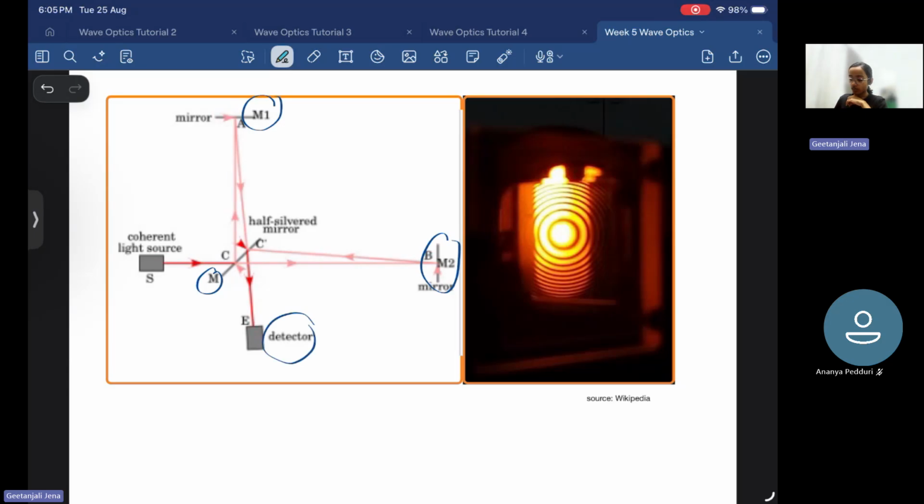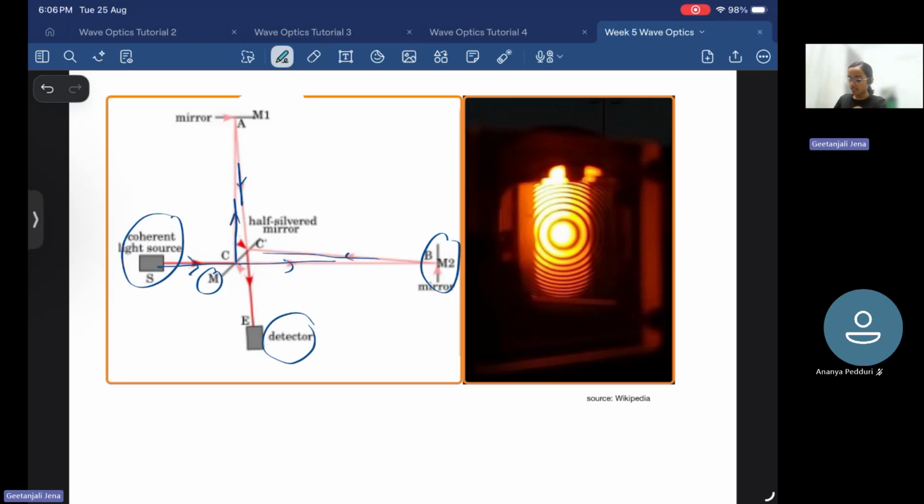The light from this coherent source hits the beam splitter at the point C. These are usually coated with silver so that part of the light gets reflected and part gets transmitted. Some light is reflected towards the point A and some is transmitted towards the point B. From the mirrors, they are reflected again towards the beam splitter.